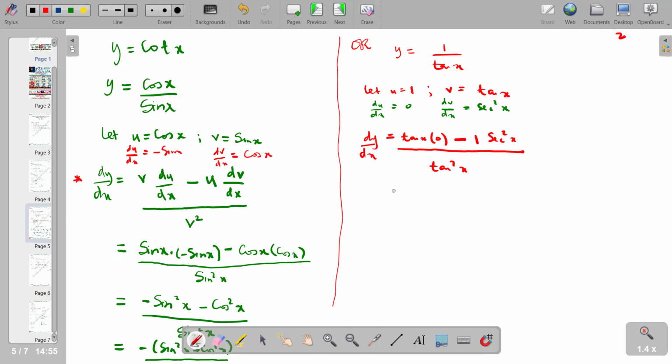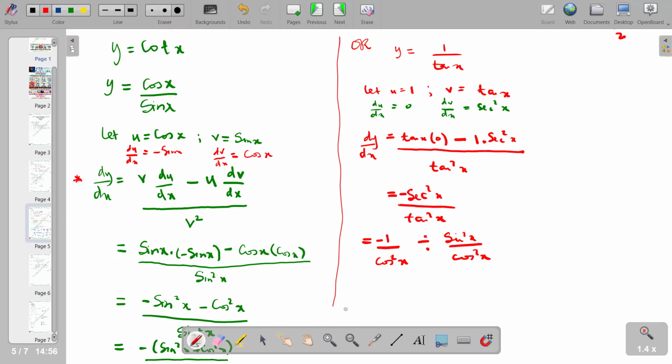If you simplify, the first part is 0, and we are left with negative sec squared x divided by tan squared x. Sec squared x means what? Sec is 1 over cos, so it's negative 1 over cos squared x, divided by tan squared x. We have to know that tan squared x is sine squared x divided by cos squared x.